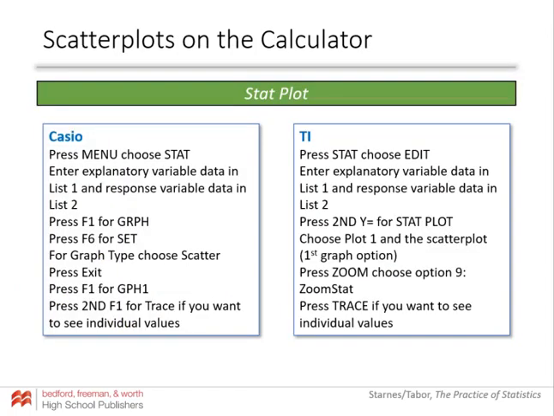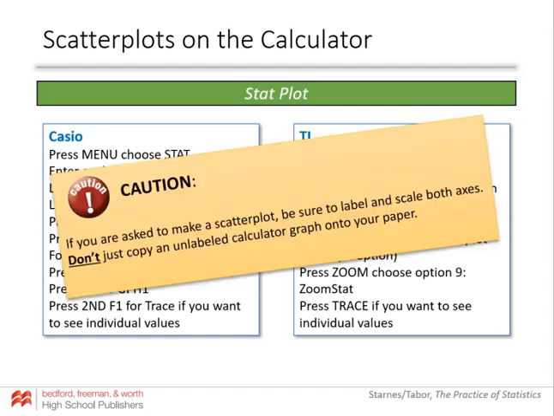You can also use your calculator to make the graph and then draw a sketch of that on your paper. But you have to make sure when you use a calculator that your axes are both labeled and scaled. So we can't just copy the general sketch from the calculator. That's why I would use the trace feature so you can actually see each individual data point.